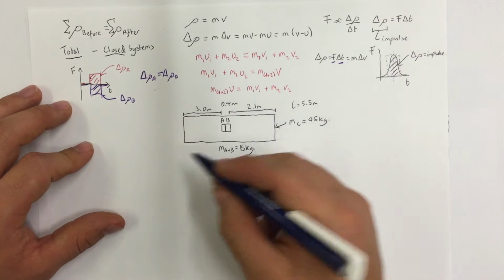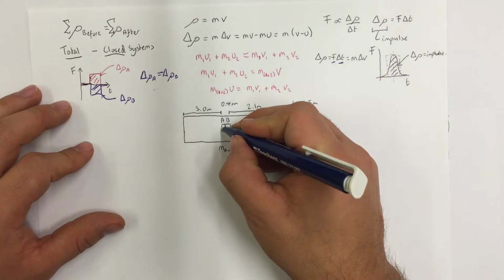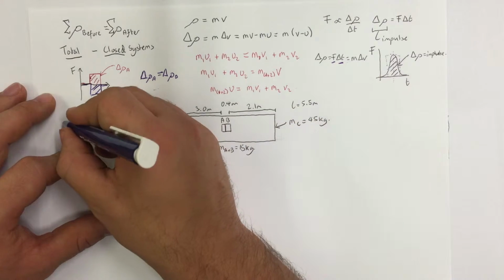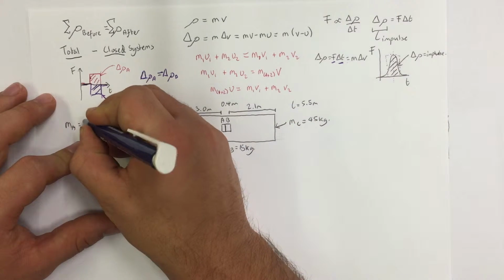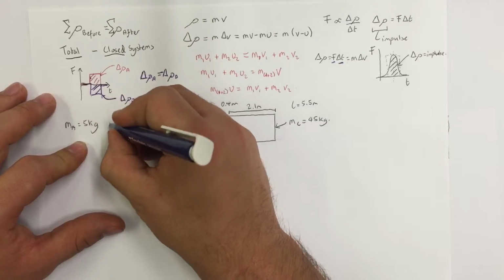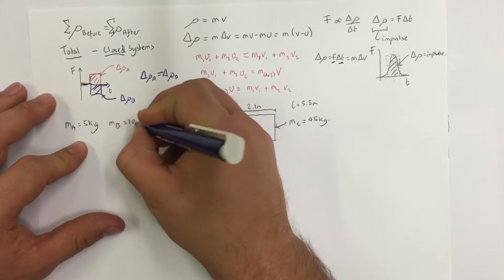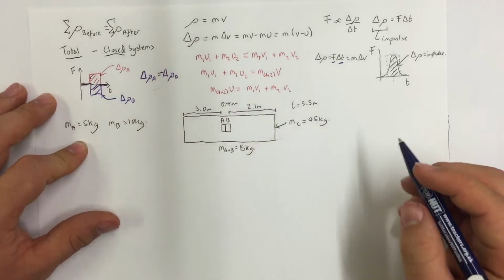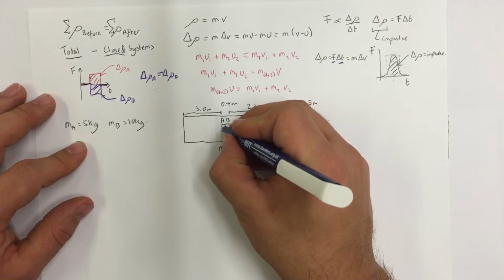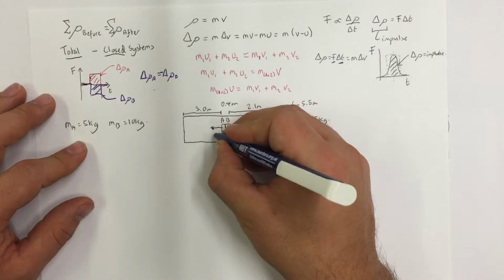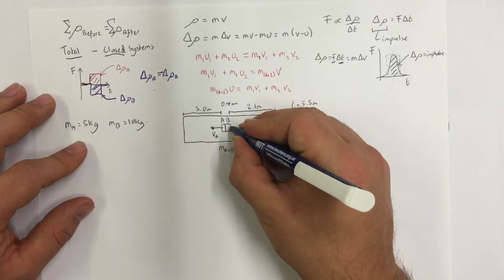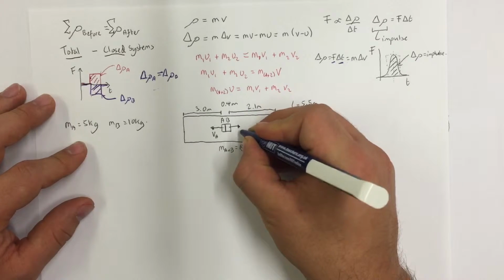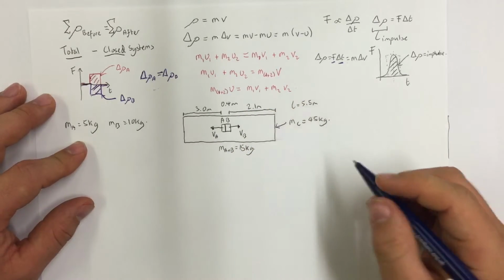Now it explodes into two pieces. Mass A, so mA, is 5 kilograms, and mass B is 10 kilograms. And they're going to explode, and they're each going to have velocity. So A is going to have velocity vA, and B is going to have velocity vB.